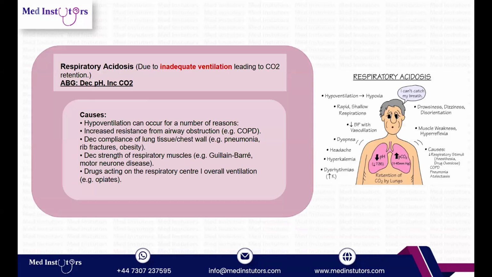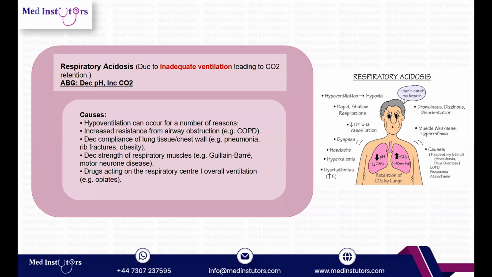Okay, so this is a flashcard for respiratory acidosis. Let's recap. What is respiratory acidosis? One thing, yes, there is an accumulation of acid. The blood is on the acidic side. Why are we saying that it is respiratory acidosis?